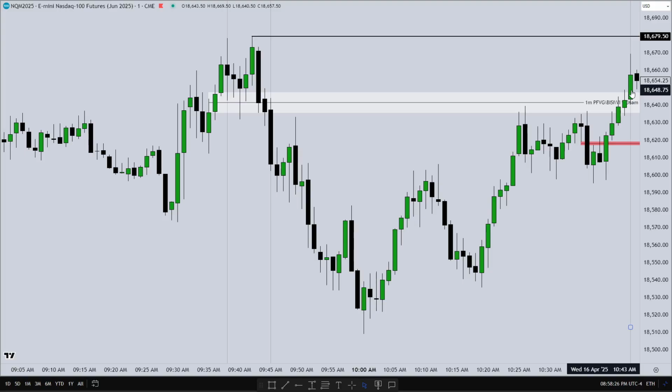Okay, so at 10:43, the narrative has changed once again, and that gap is to be treated as a bullish reclaimed fair value gap, BISI.